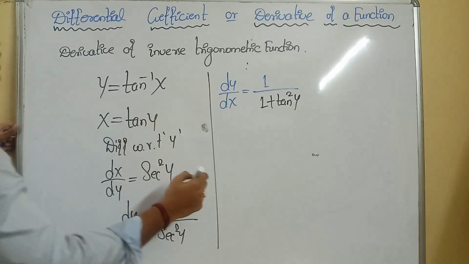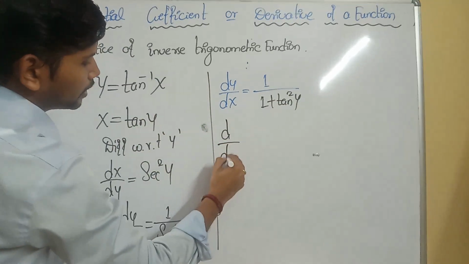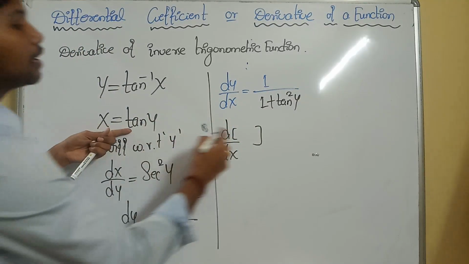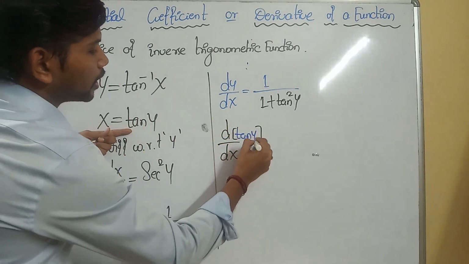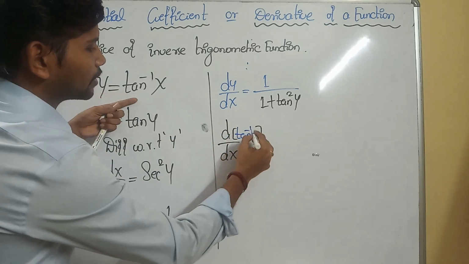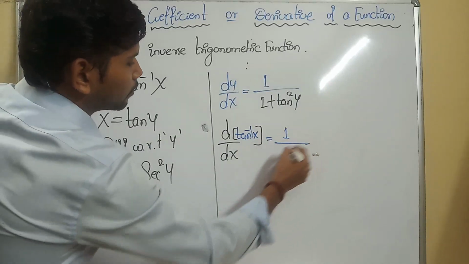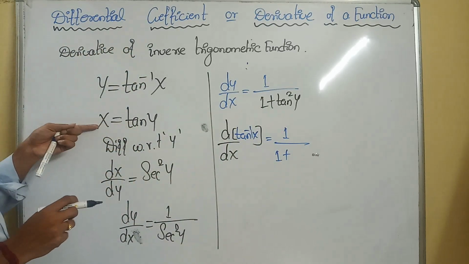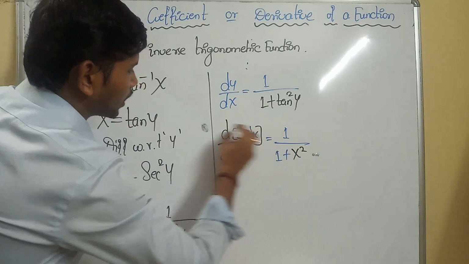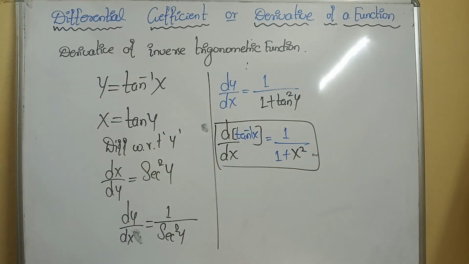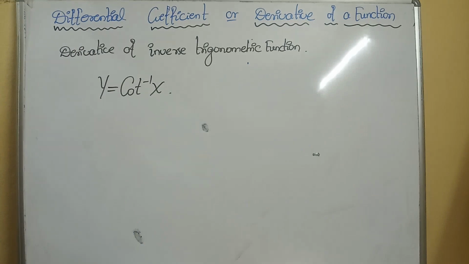So d by dx of y, which is tan inverse of x, is equal to 1 divided by 1 plus tan square y. Tan y is x, so tan square is x square. The derivative of tan inverse of x is 1 divided by 1 plus x square.